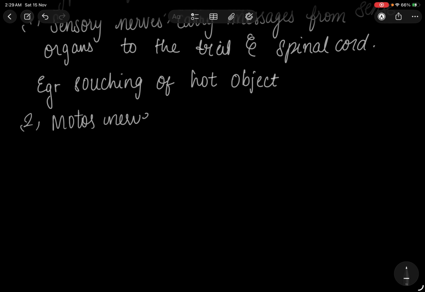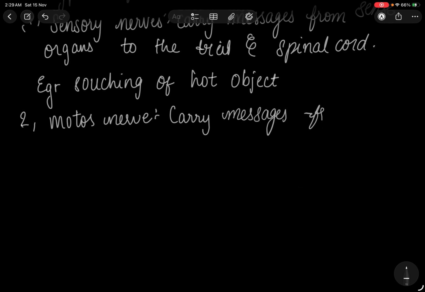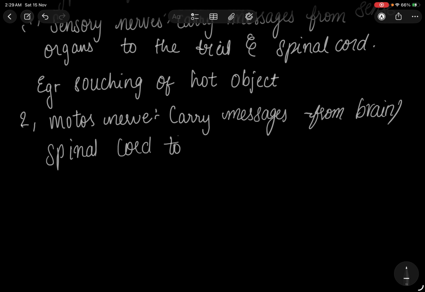motor nerve, which means it carries messages from brain or spinal cord to muscles and glands.